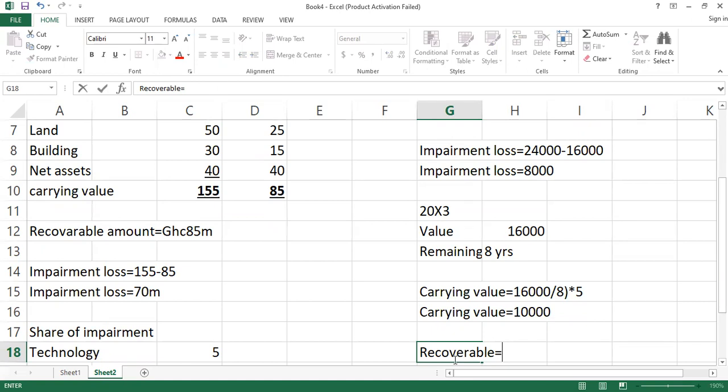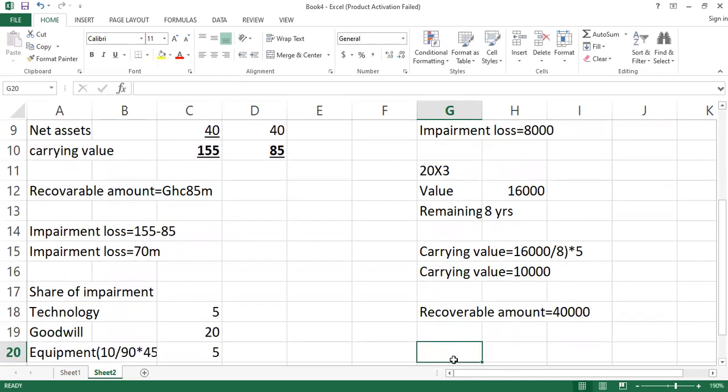So the recoverable amount now is 40,000. At the date of the reversal, because the condition is no more there, you just assume that the impairment has not occurred at all. If the impairment has not occurred at all, what should have been the carrying value of the asset as at the day that you are doing the reversal?